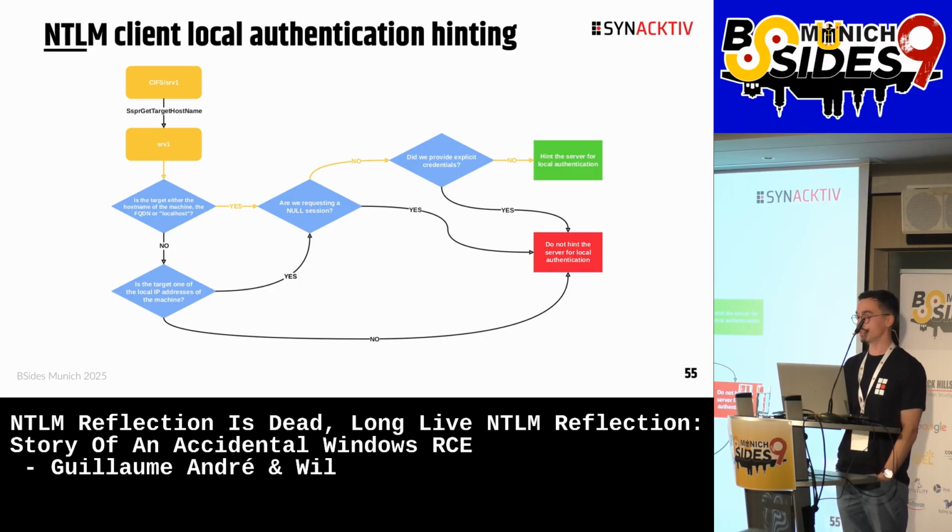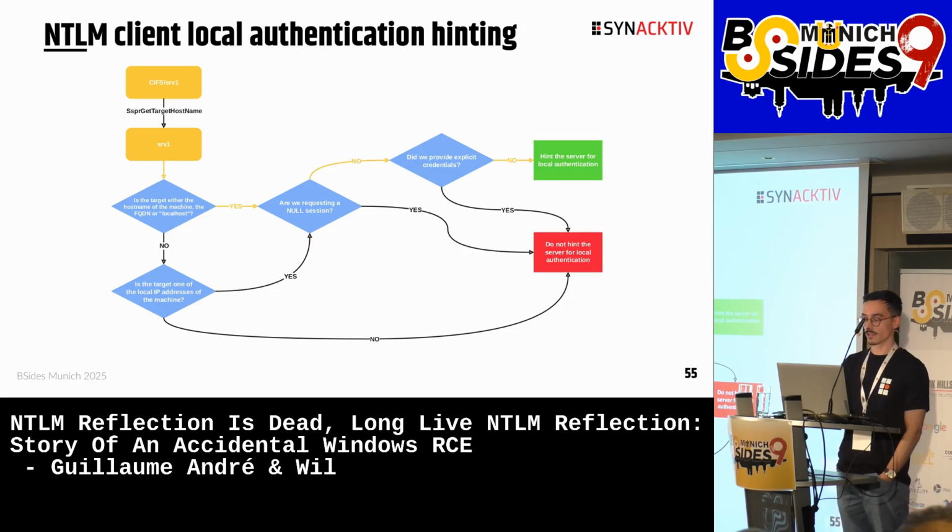In this case, it is. SRV1 is the host name of the machine. So we'll go to the right. Are we requesting a null session? We are not. Did we provide explicit credentials? No, because we are using Windows implicit authentication. So the conclusion is to hint the server into performing local authentication. So depending on how you coerce the machine, you'll get different behavior from the NTLM client.